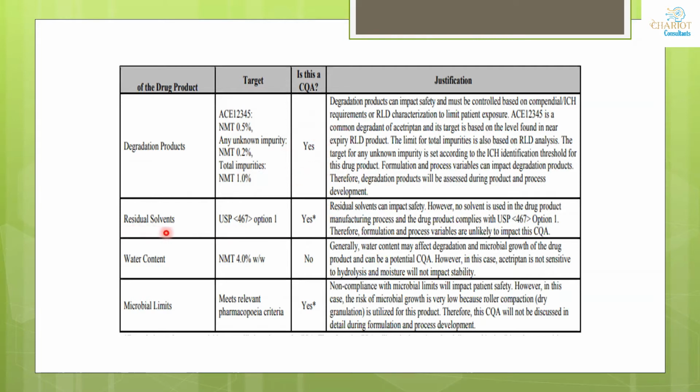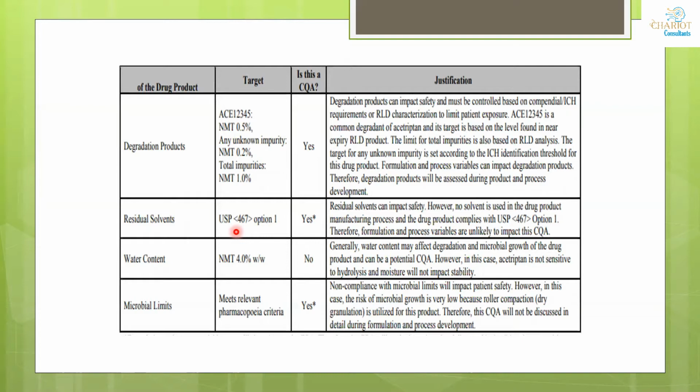Then your residual solvents, in case you are using some solvents in your formulation and drying them, your process is such that you want to lose those solvents in your final formulation. The USP has set limits for solvents. For example, if you are using IPA, it should not be more than 5000 ppm, parts per million.